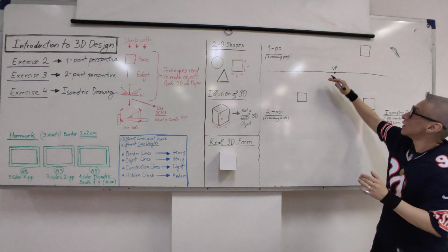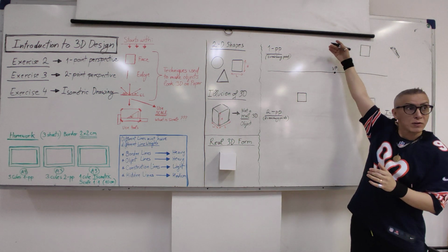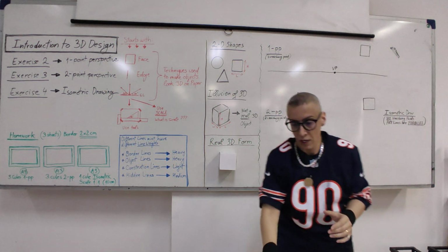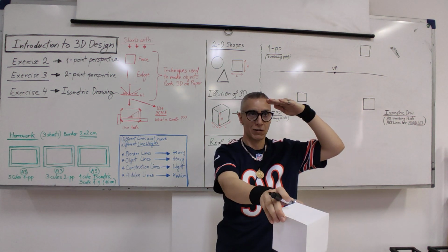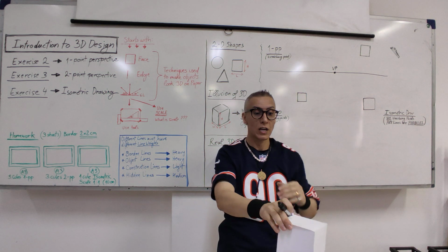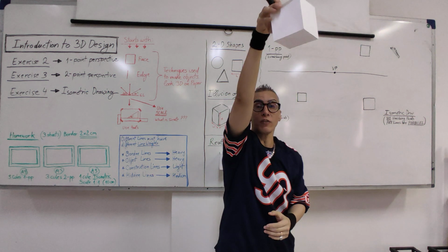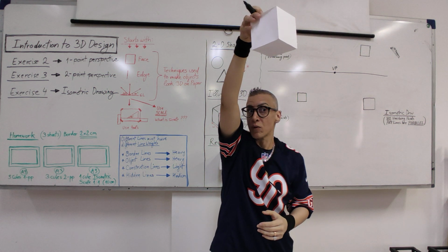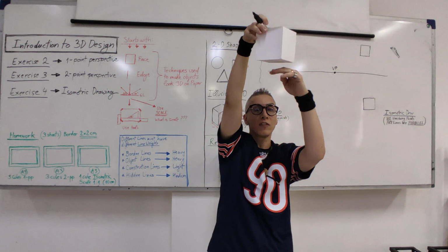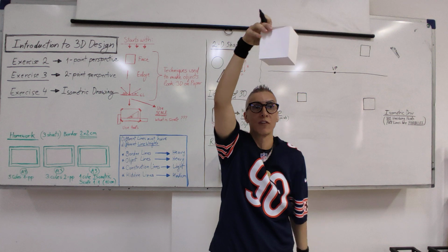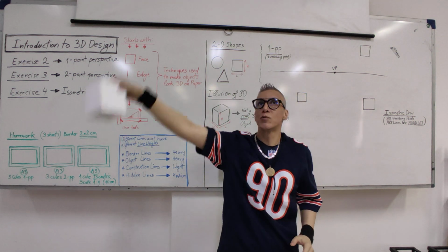But if we draw it above or below, that matters. If my horizon is here, and I draw this cube below the horizon, it will look a certain way. If I draw it here, it will look another way. So here, for example, I see the upper surfaces. Here, I will see the lower surfaces. I will not see the upper surface, okay? So it depends where you put it in this space.